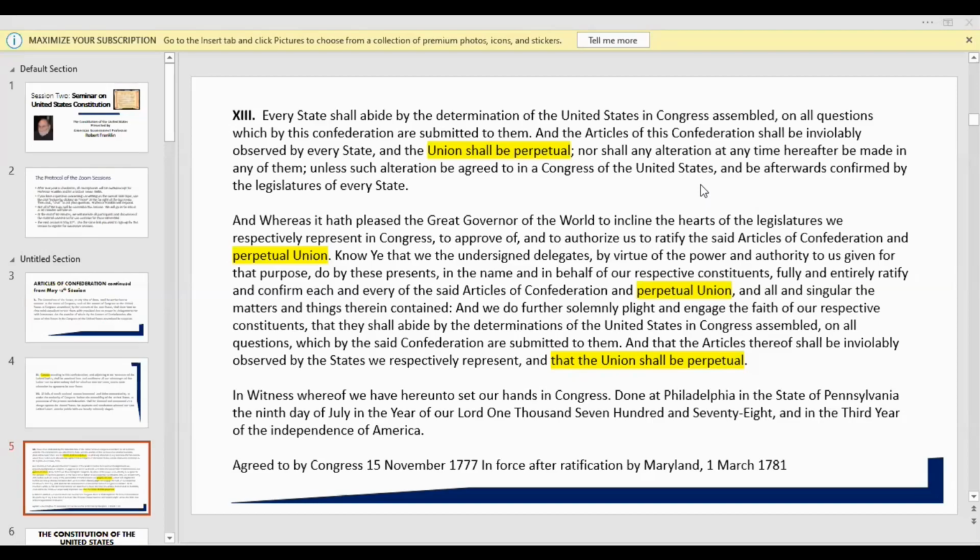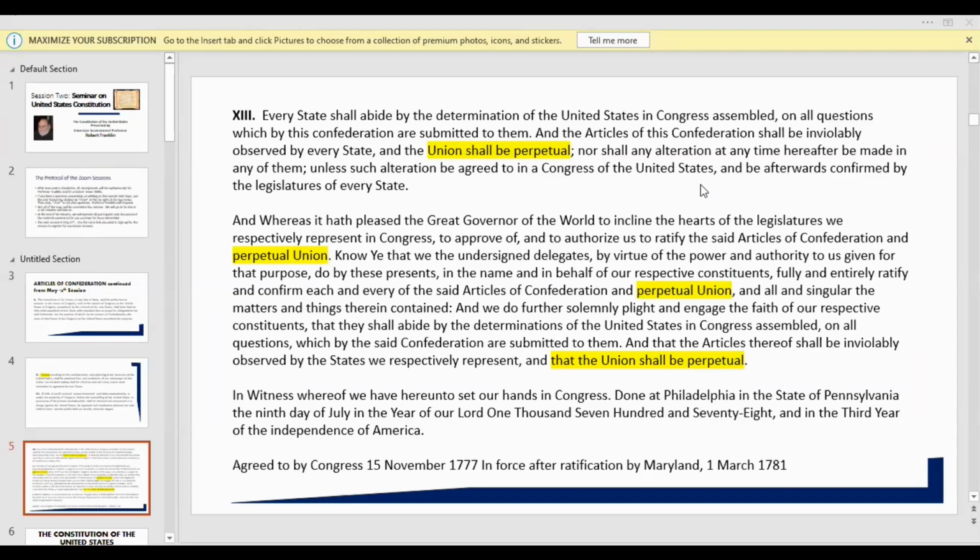And the response of the neighboring states was pretty much the same. Sorry, Massachusetts, we have problems of our own, we can't come. And Congress is sitting here looking at what's going on in Massachusetts and saying, how the hell can we operate a nation when we can't even protect one of our states from a bunch of armed farmers?